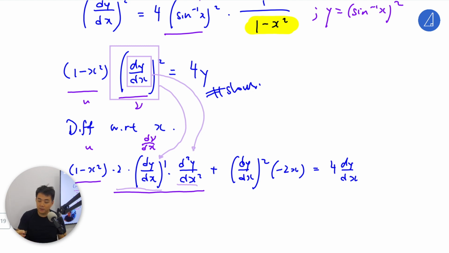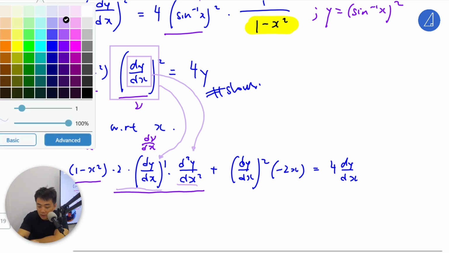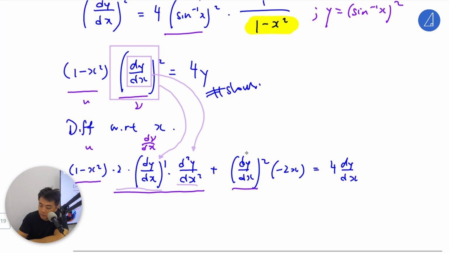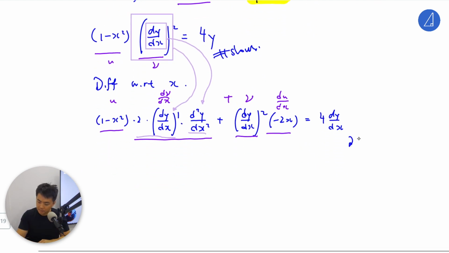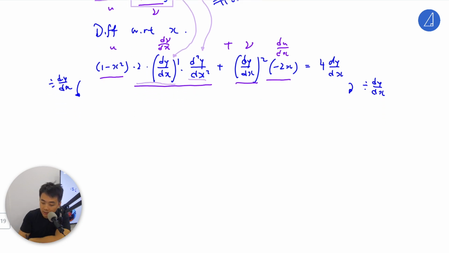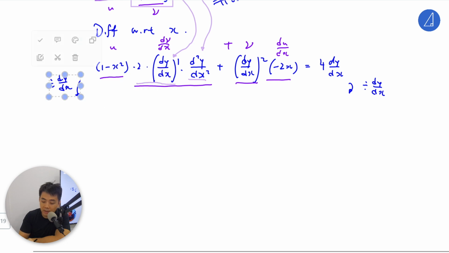Then this will be your u, square dx. May I rewrite this first? I don't skip step.